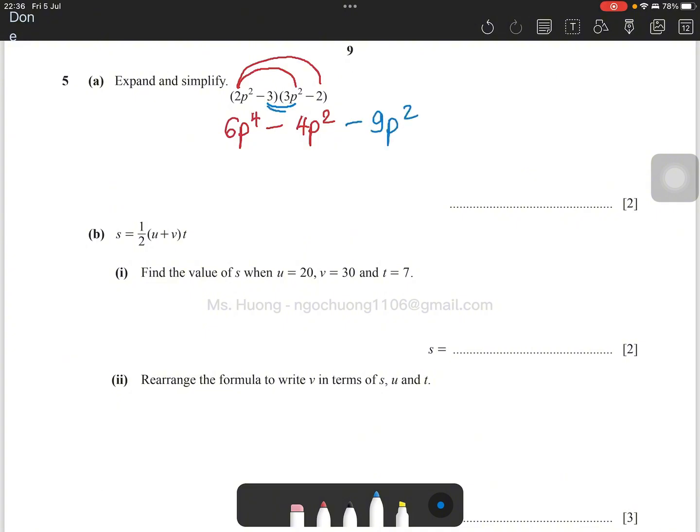And finally, negative 3 times negative 2 is positive 6. And then we just simplify this one. 6p to the power of 4, negative 4p squared minus 9p squared is minus 13p squared, plus 6.